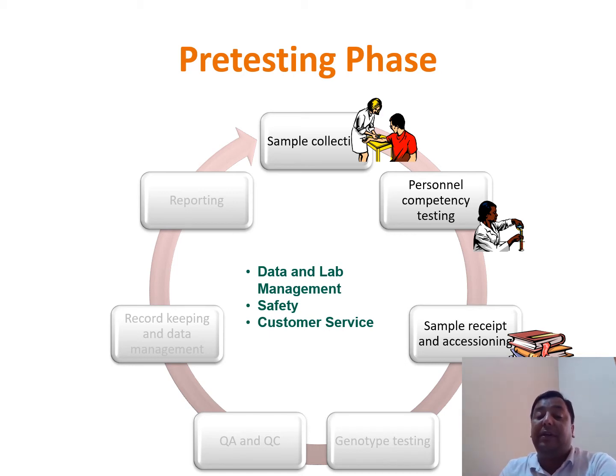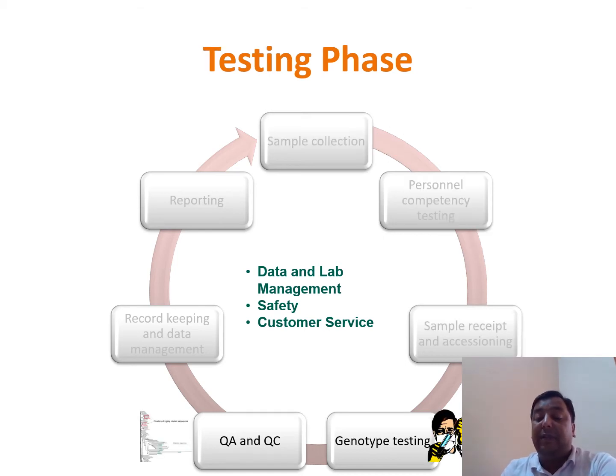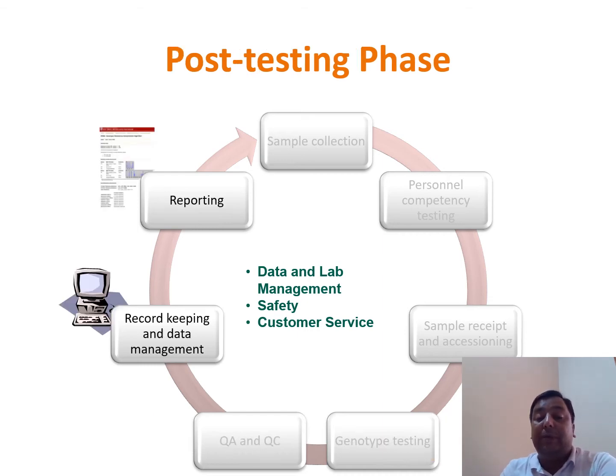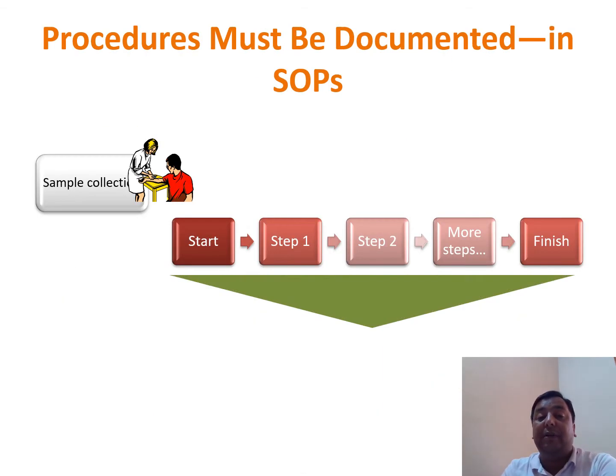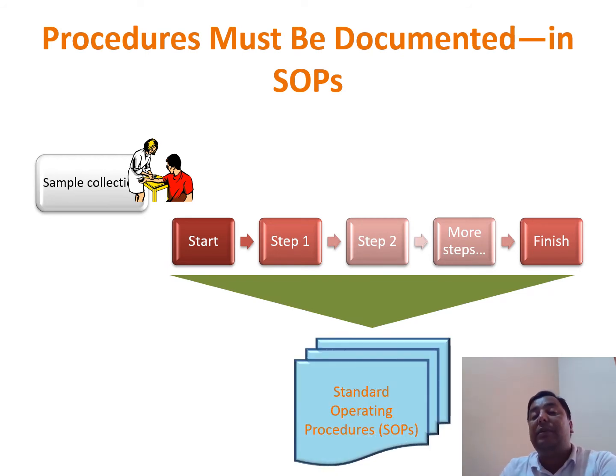This is pre-testing, as I told you before: sample collection, personnel competencies and sample receipt also need to be checked, and only then will we go to the testing phase, which deals with genotypic testing, quality assurance and quality check, and then record keeping, data management and reporting. So all the procedures must be documented by keeping the SOPs in mind, which we absolutely have to take care of while collecting the data and reporting the data.